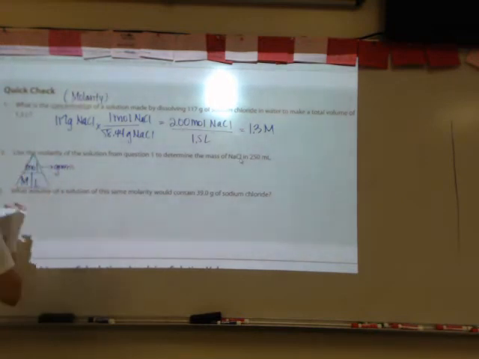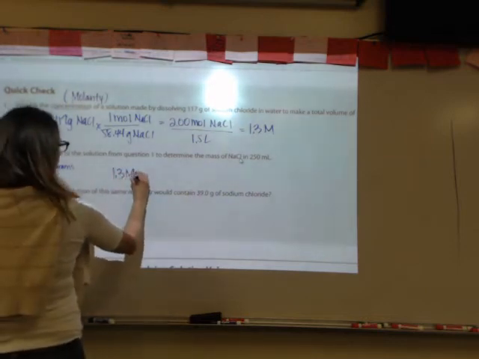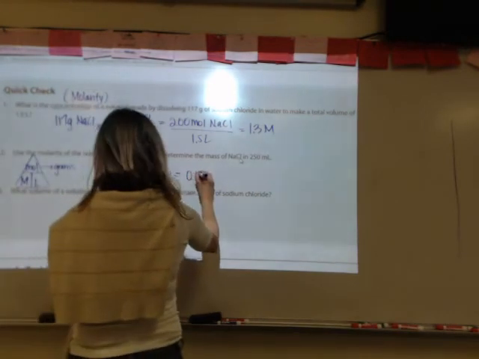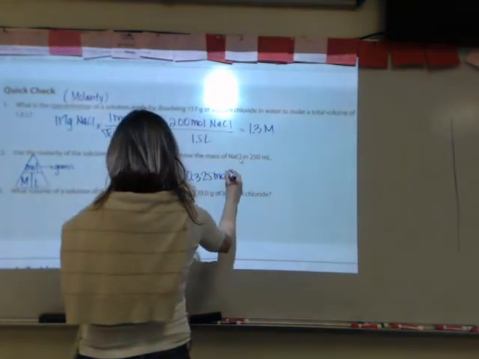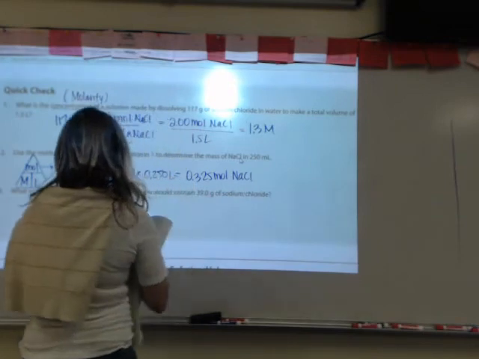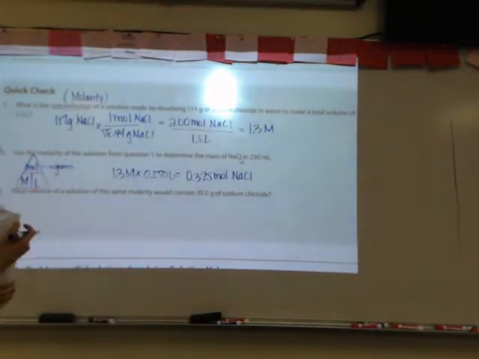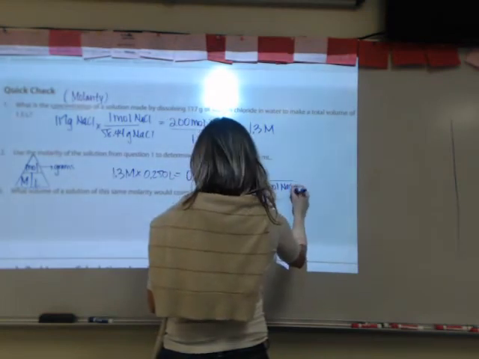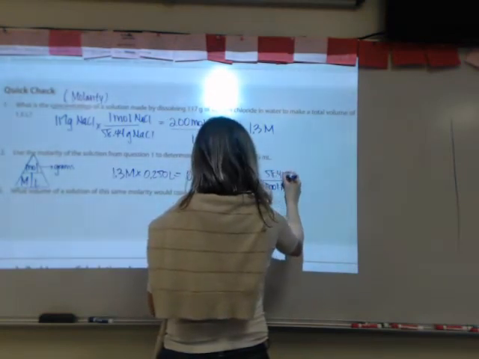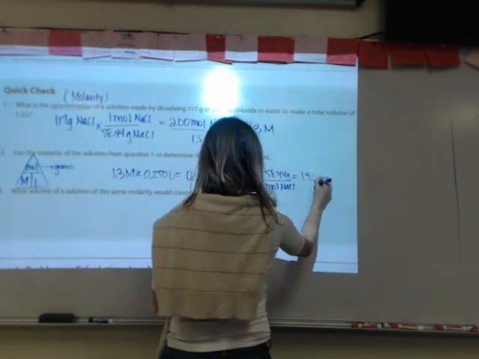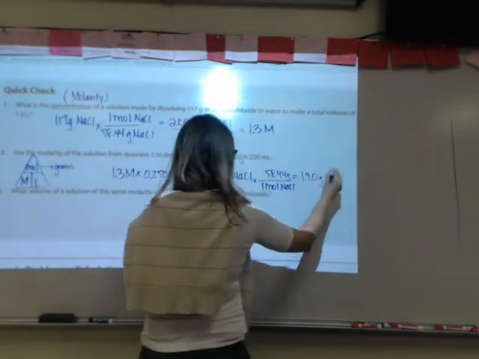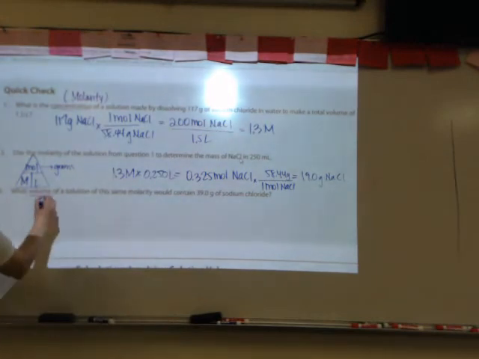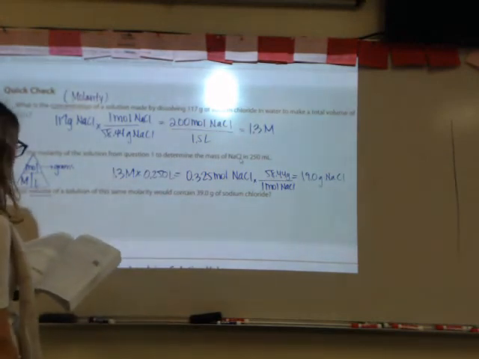If we cover it up, you would take your 1.3 molarity times your 0.250 liters to give you 0.325 moles of NaCl, and then you would convert moles to grams by multiplying by the molar mass of NaCl, which is 19.0 grams.